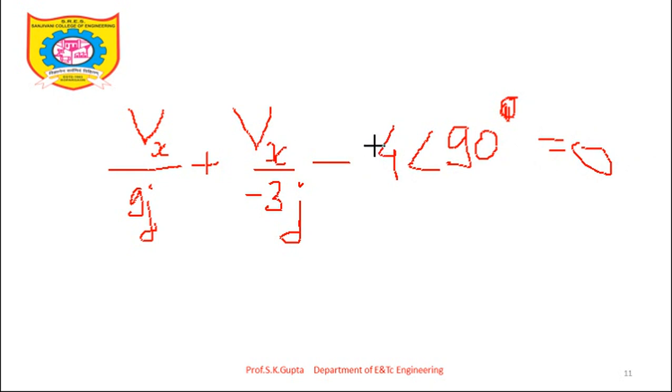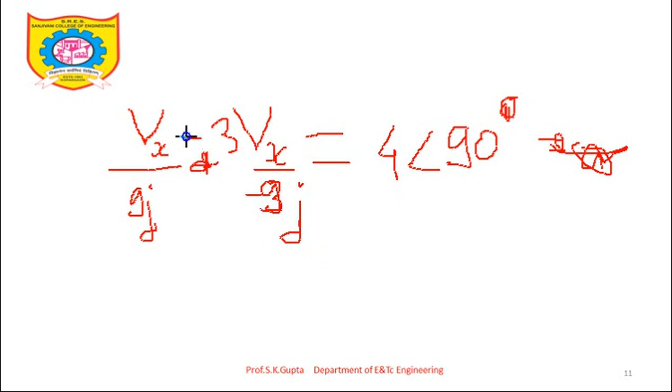So this minus term will go to that side, so it becomes equal to, okay. Then here it is 3j, here it is 9j. So I need to adjust 3 over here, so it becomes 3 here, so that it also becomes 9. Okay, and this minus sign will come over here.